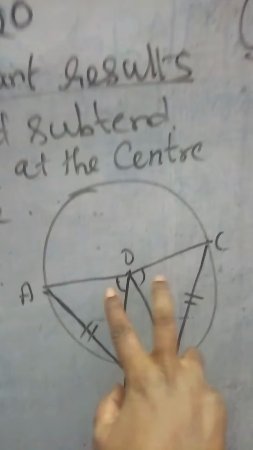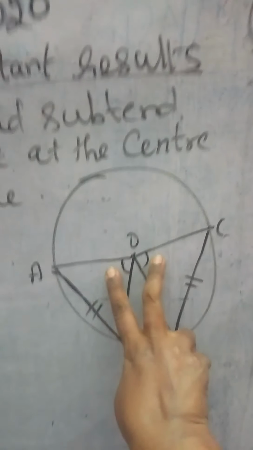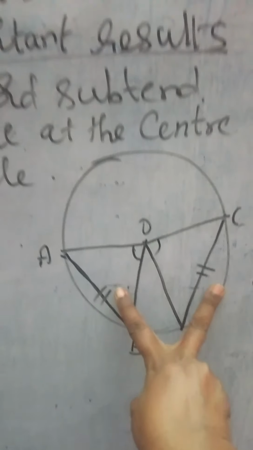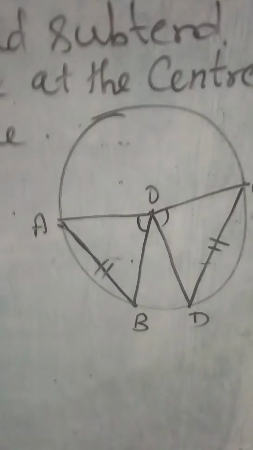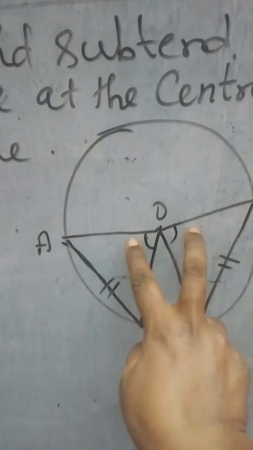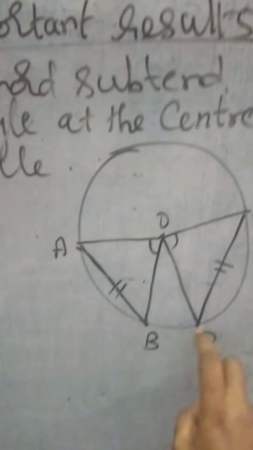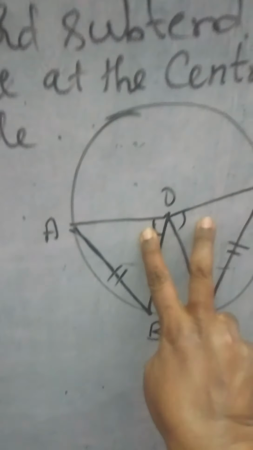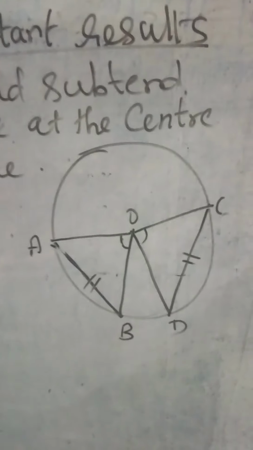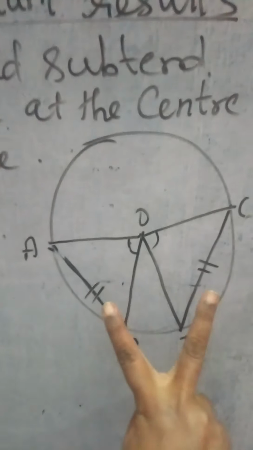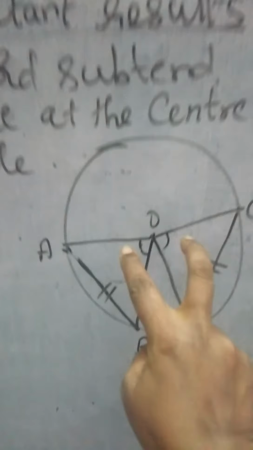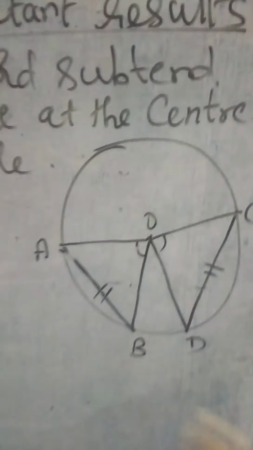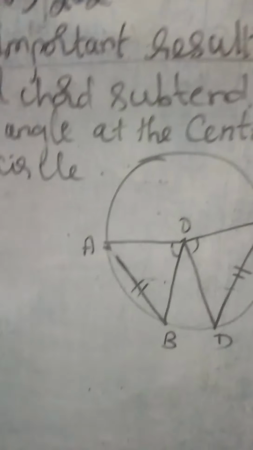Conversely, if the angles subtended by any two chords are equal, then the chords are equal. Now, if there are equal chords, the angles subtended at the center will be equal. This concept you should remember.